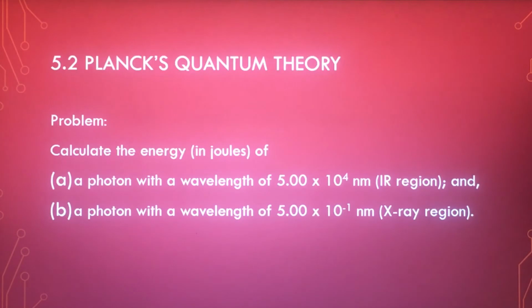What we know for now in this topic is that E, the energy, is equal to h nu, or E is equal to hc over lambda. So again, please pause this video and try to solve this first on your own, and then we'll discover the answer after you play this again.